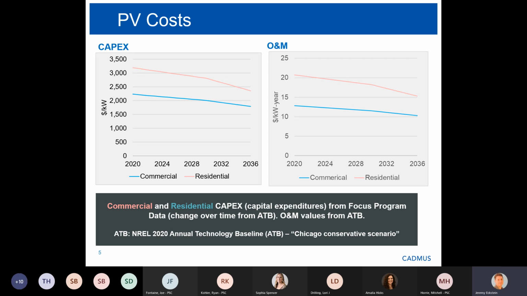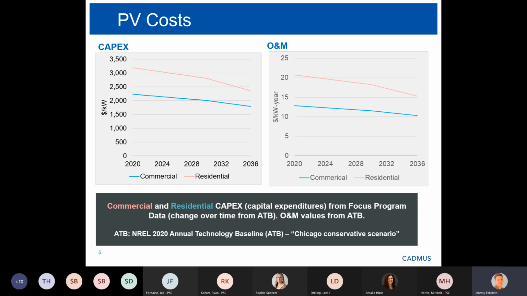I would also say that we compared the capital expenses to a couple of other sources, including Lazard's and Energy Sage, and the commercial costs line up pretty closely, although the residential costs are slightly higher compared to some of the other sources.